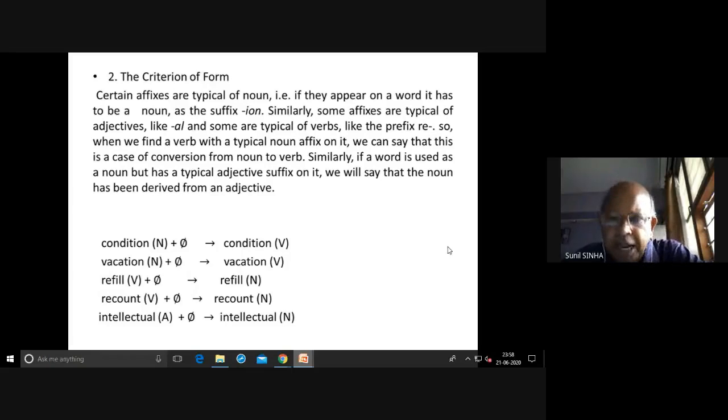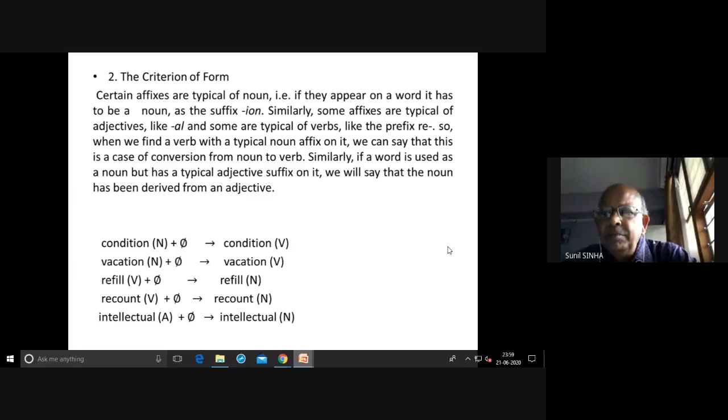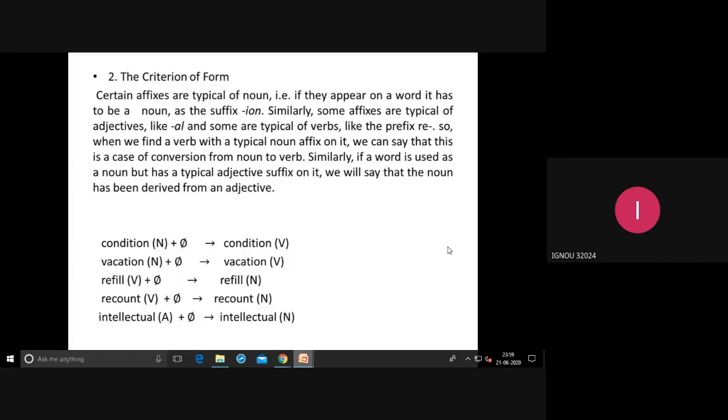You type out your question. I'll answer that. Yes, I am typing. There is a problem in hearing. The voice is not coming clearly. Okay. हेलो हेलो.